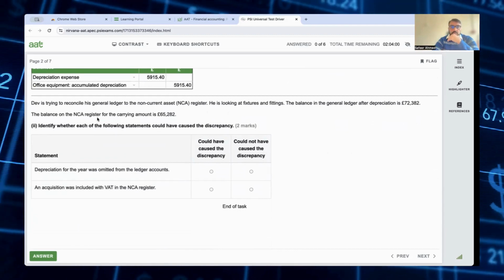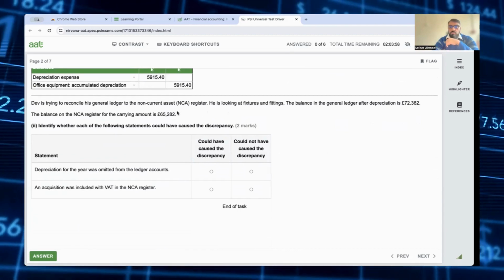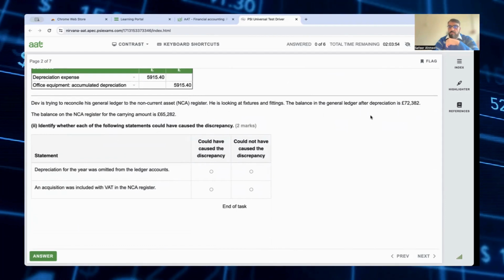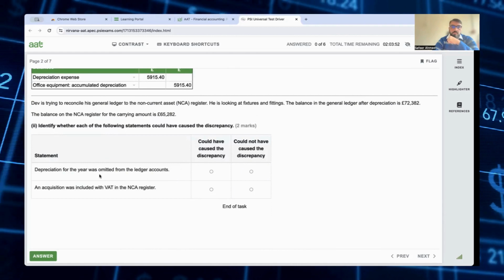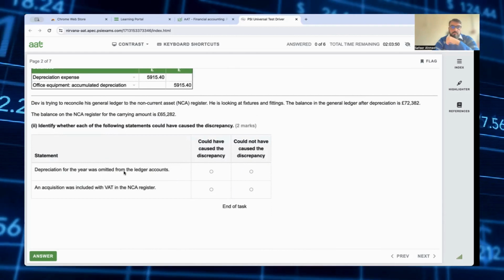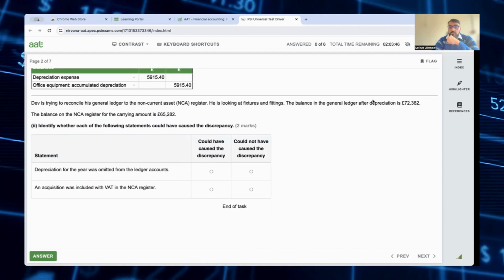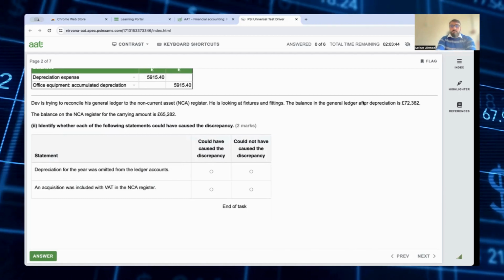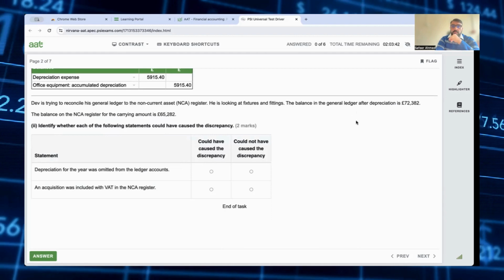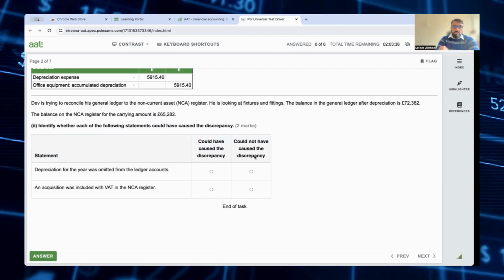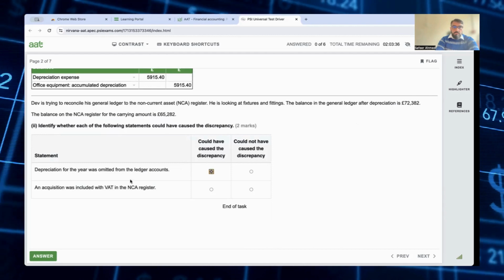Now you can see the non-current asset register is lower than the general ledger balance of non-current asset. So first one, depreciation for the year was omitted from the ledger accounts. Well, that could be possible, because if you don't record the depreciation, that means your balance will be higher, which is the case in this situation. So that can be true.